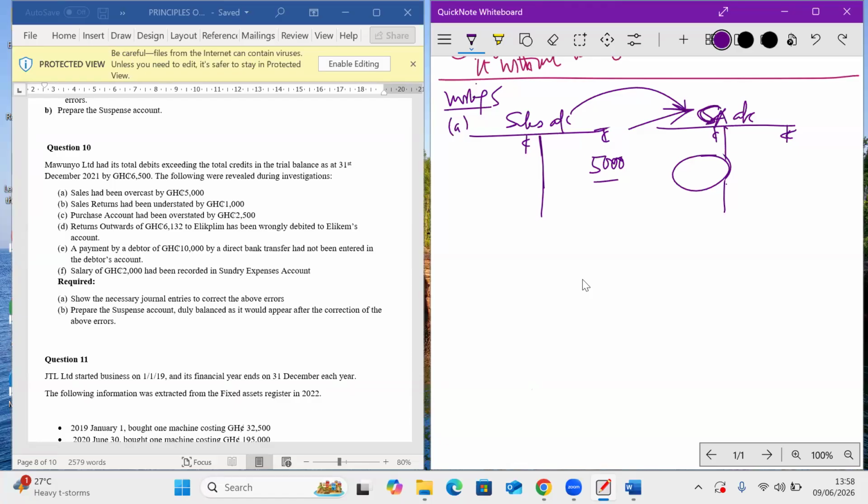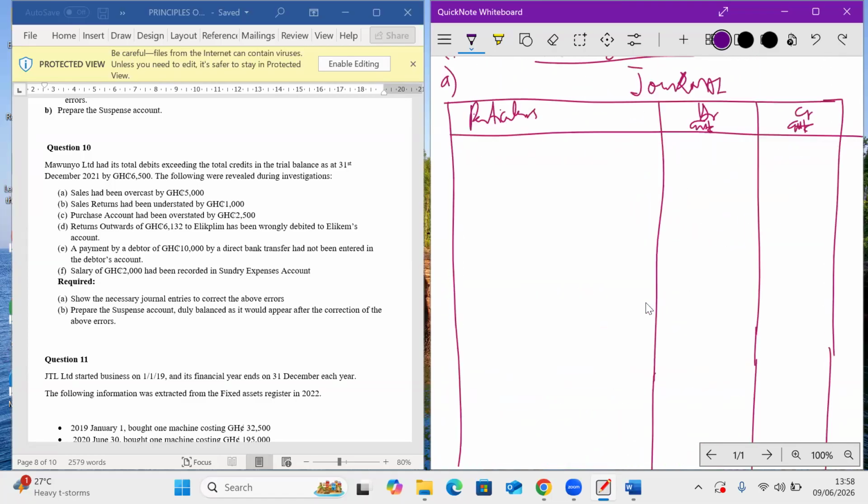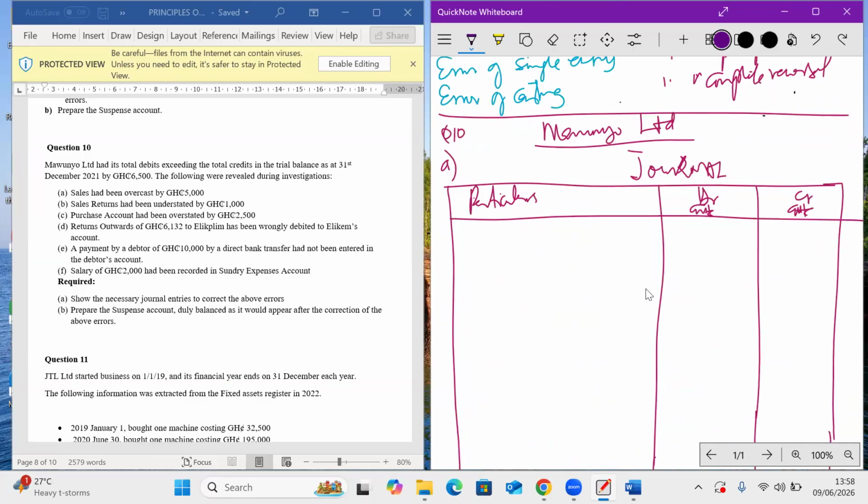So if they said it is only sales, it means sales is the only account which has the issue, but the other account doesn't have any issue. It's only the sales. We've stated here that error of casting is one of the errors that affects the agreement of the trial balance.